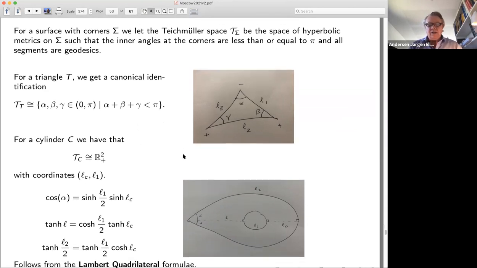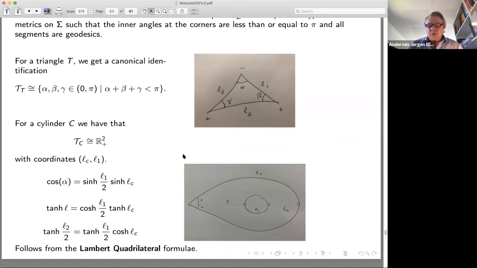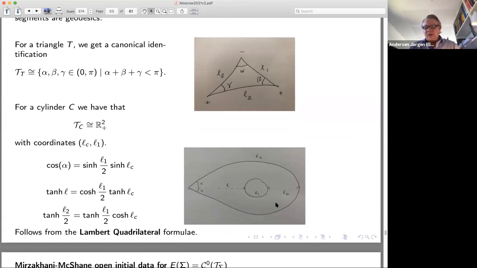Alternatively, you could parameterize them via lengths of the boundaries. And then there's the teardrop or the cylinder here. There are actually several ways of parameterizing it. But for example, if you take the distance between the inner and the outer boundary to be LC, and then L1, which is the length of the inner boundary, then that parameterizes this space uniquely.